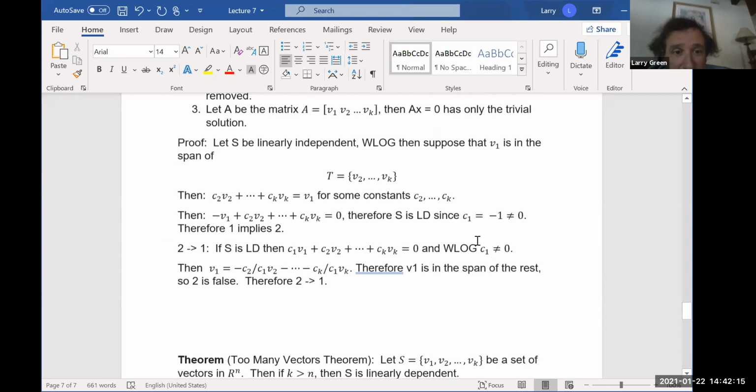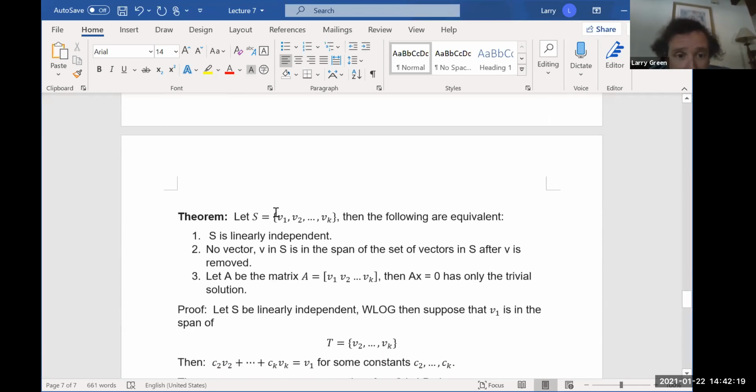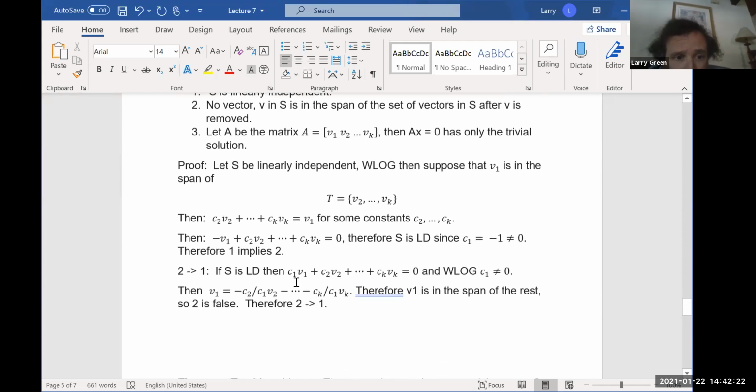I'm going up here just so I can copy and paste, so I don't have to keep typing.